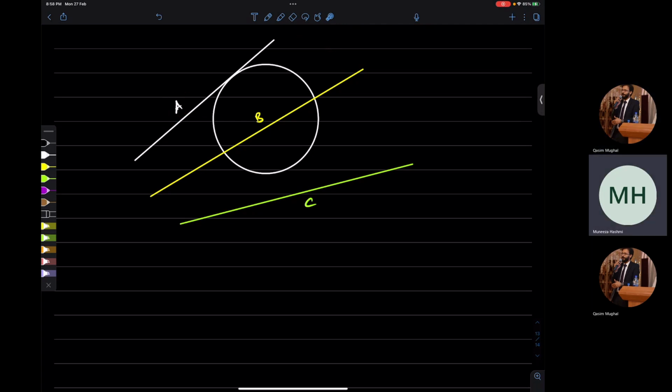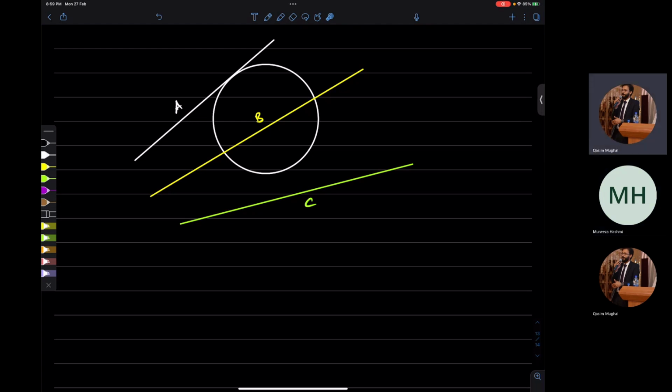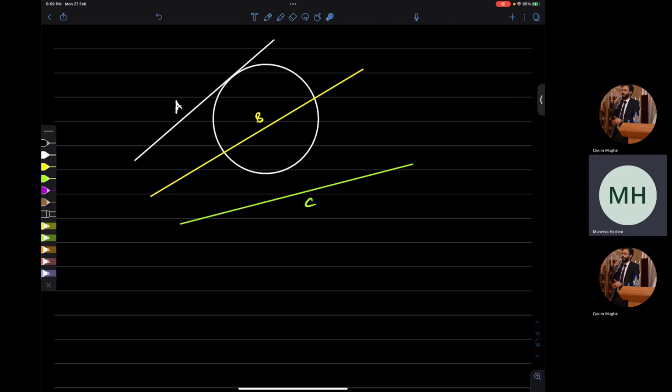It does not touch the circle at any point. Line B touches the circle at 2 points. Nice. It cuts the circle at 2 points, whereas A only touches the circle at 1 point. What about C? It does not touch the circle at any point.